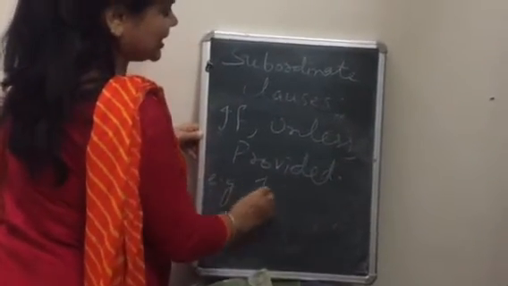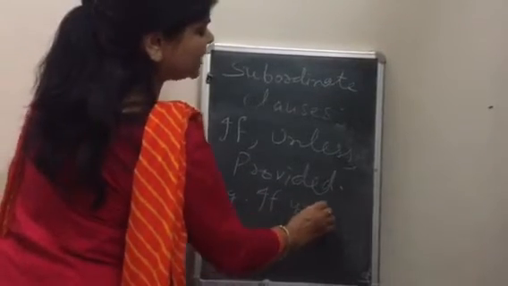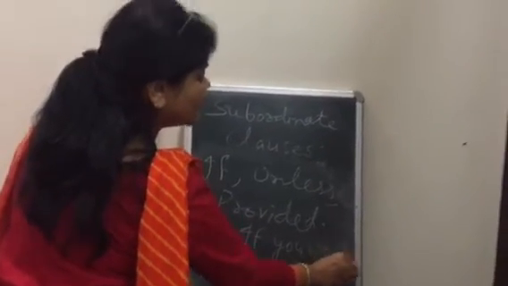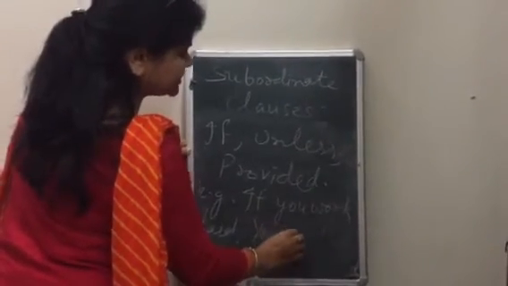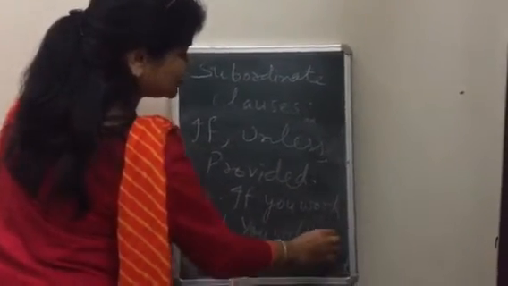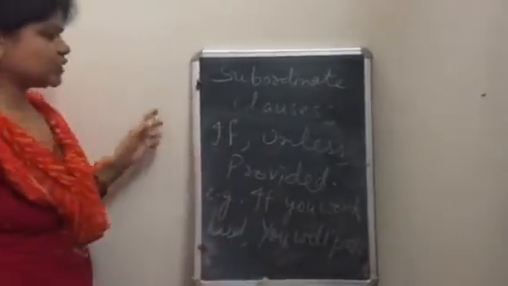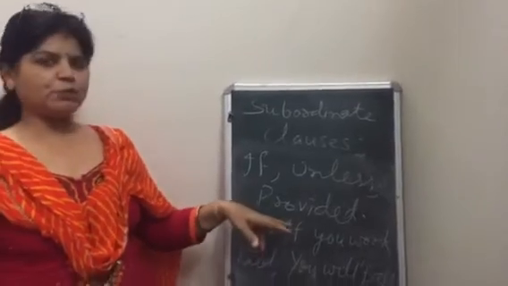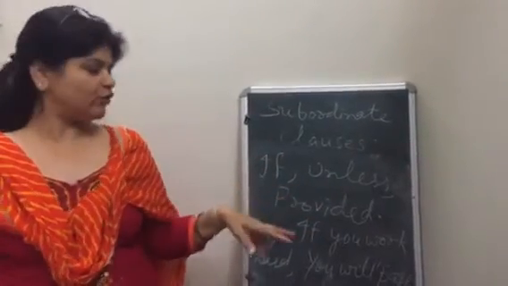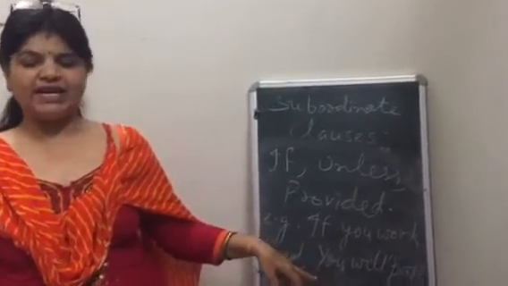Example, if you work hard, you will pass. So the condition for you to pass is you have to work hard. So the condition is provided. If this condition is fulfilled, the action will be done.